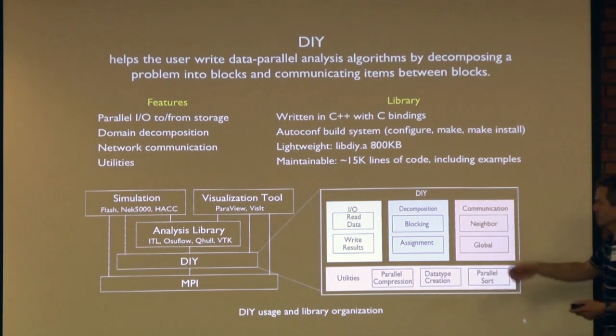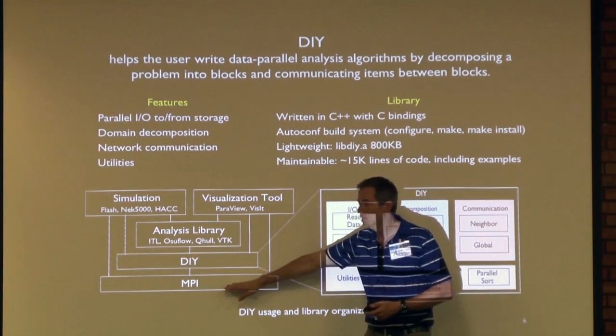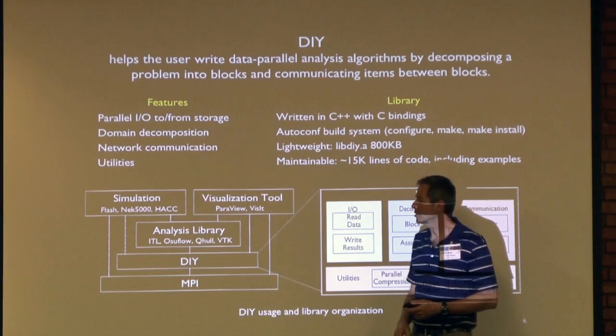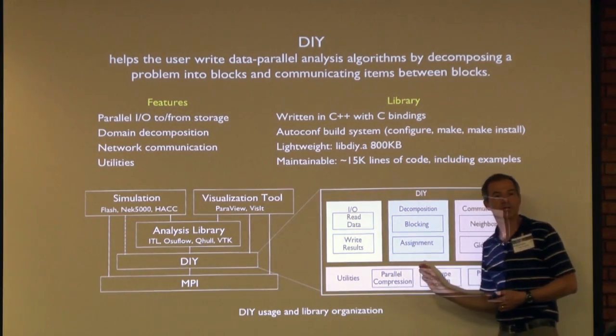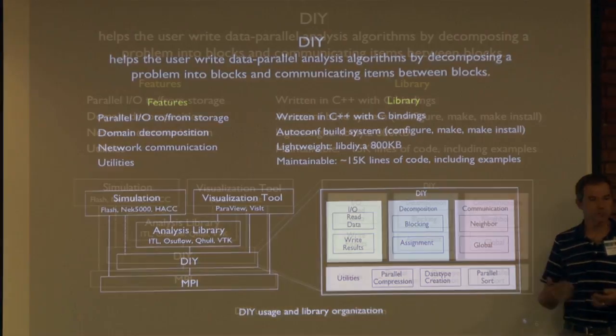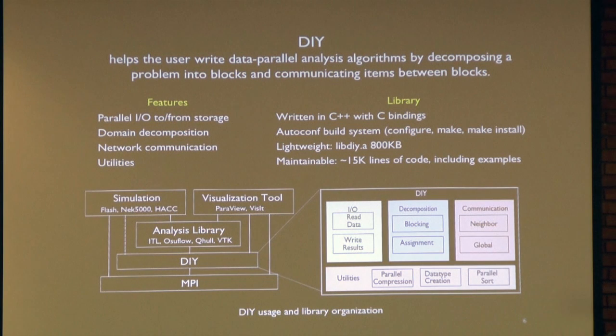We've seen this call stack in the previous slide too. You have some analysis library, you have some runtime, and in between you have this DIY library. You can also make calls directly to MPI. This doesn't intend to wrap all of MPI for you. It just does useful things that you would want to reuse over and over again. On top of this, you might still have simulations or some of the visualization tools that you've seen this afternoon. In the last 6 months or so, we've worked pretty closely with ParaView and with Hank as well.